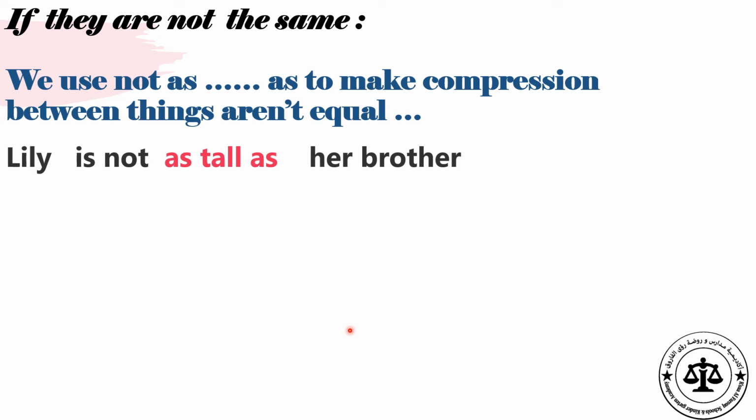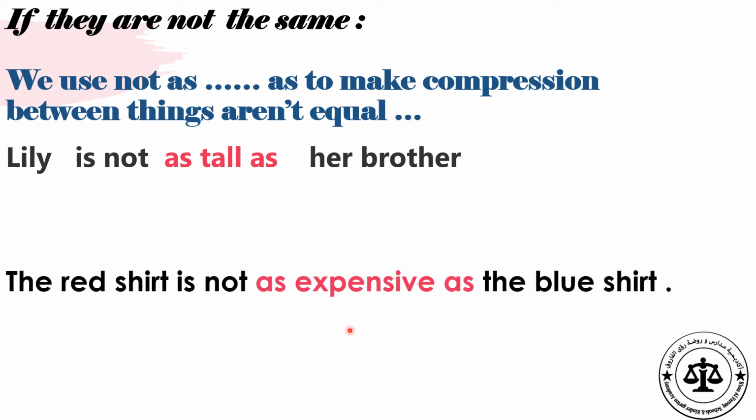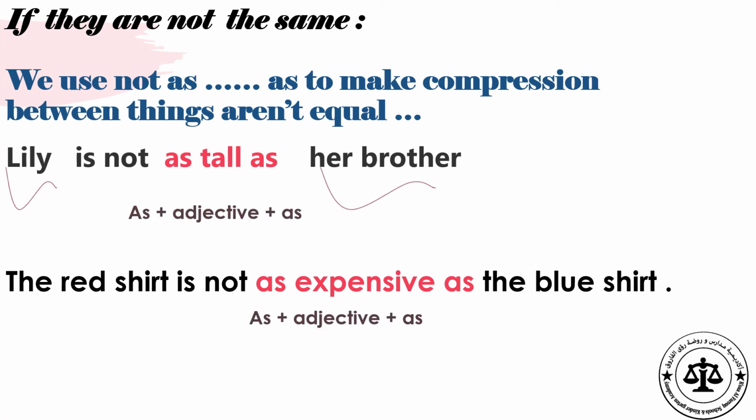Lily is not as tall as her brother. And this is like number 2, the red shirt is not as expensive as the blue shirt. Okay? I mean the red shirt and the blue shirt don't have the same price. So this is if we want to talk about items that aren't the same.